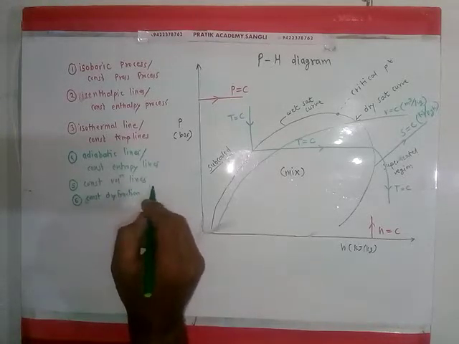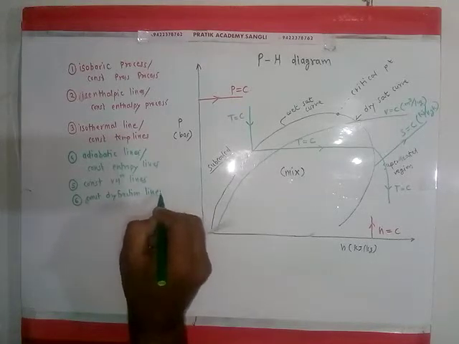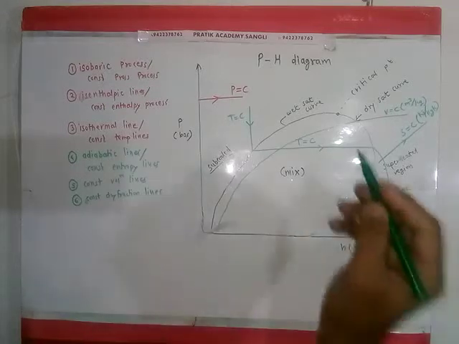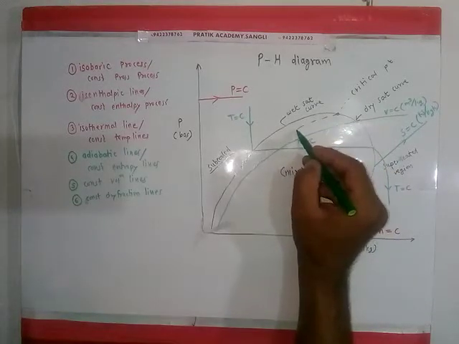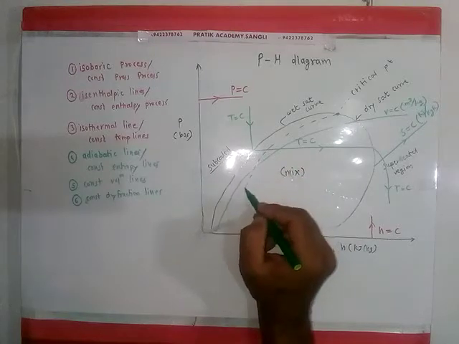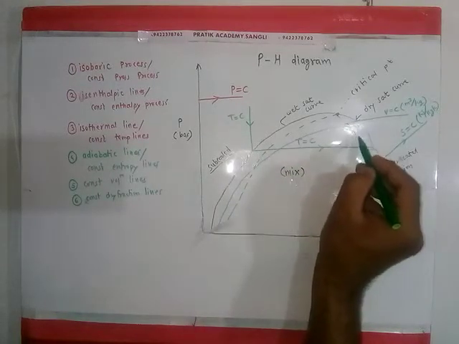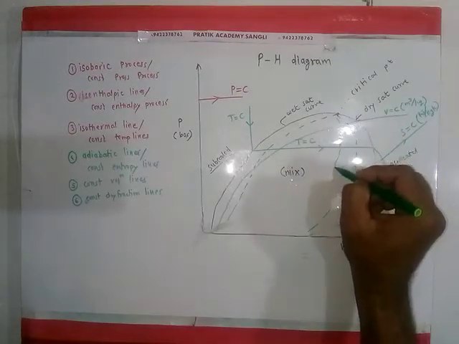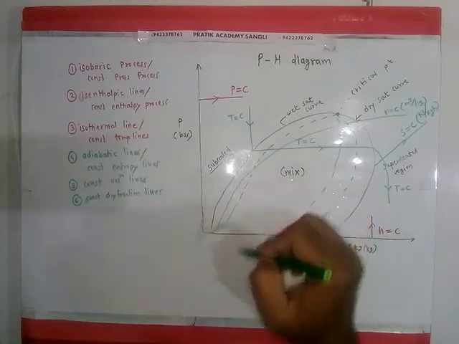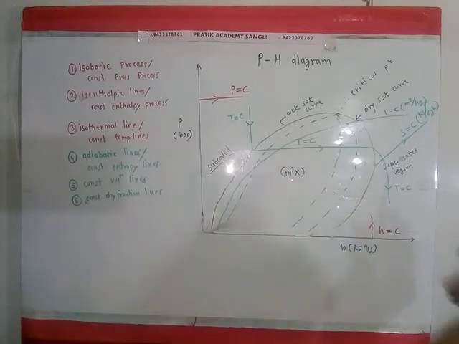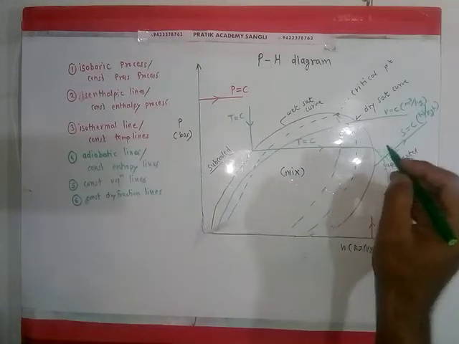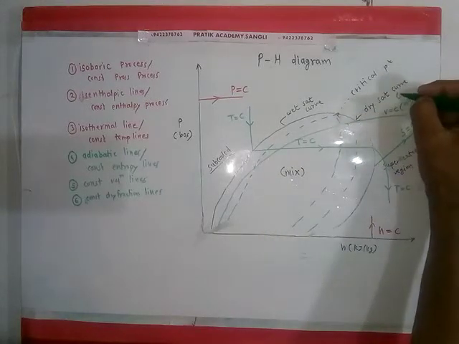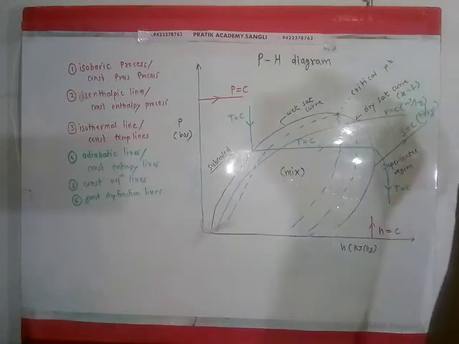Dryness fraction lines start from the critical point here, and the nature is somewhat like this. For the dry saturated curve, as we have discussed, the dryness fraction x is 1.